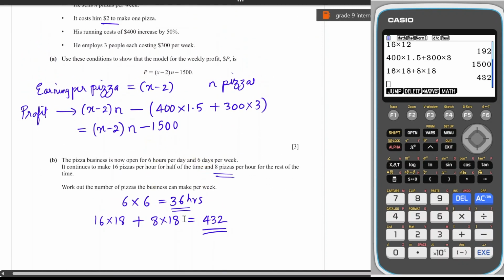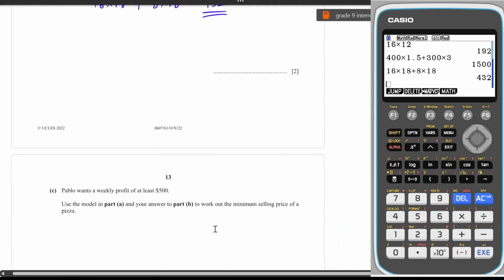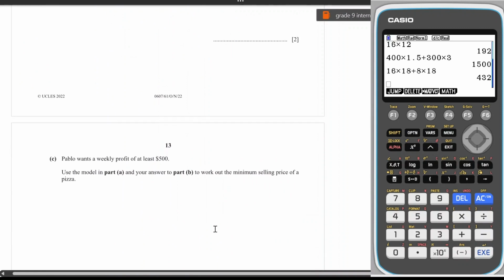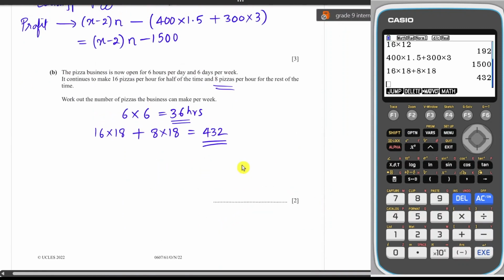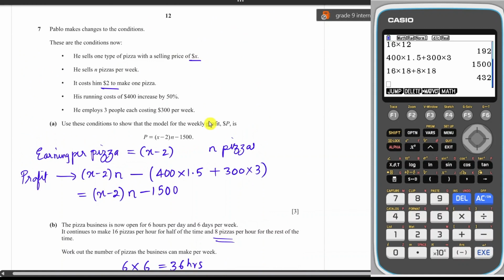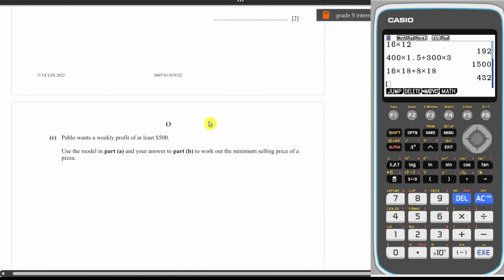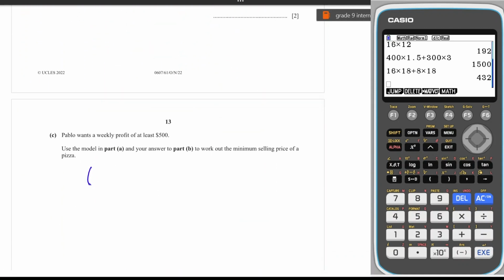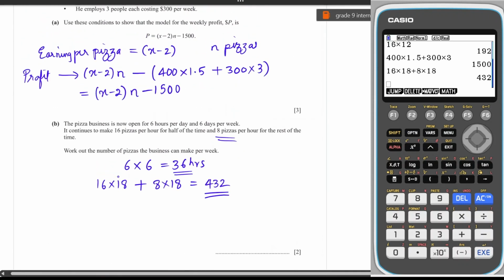At the same time, I'm also going to take my number of pizzas, that is my n, as 432. So I have to find out the minimum selling price, which is my x over here.